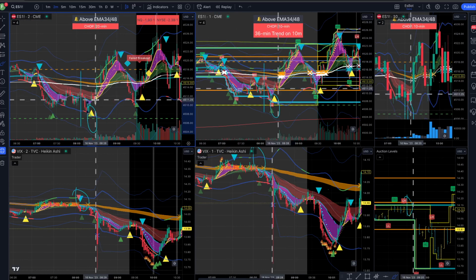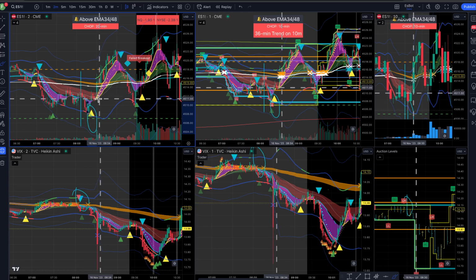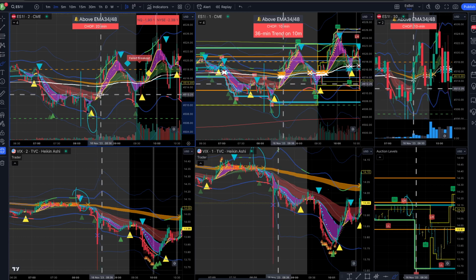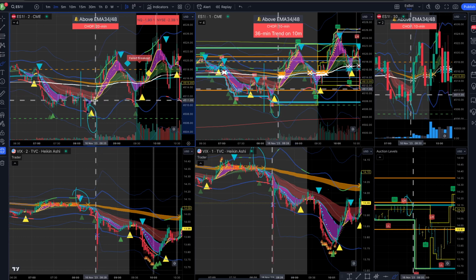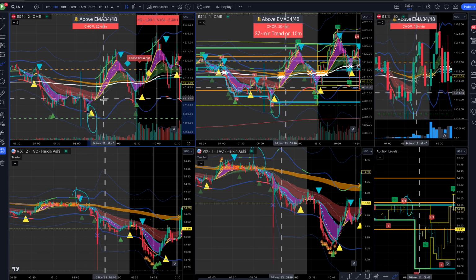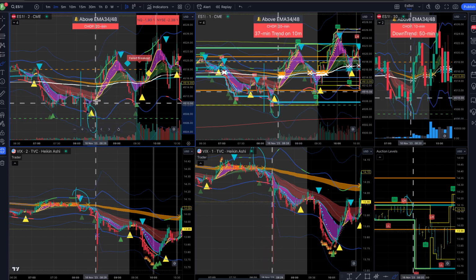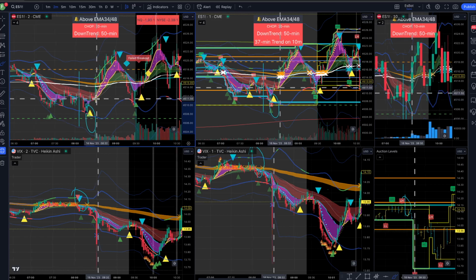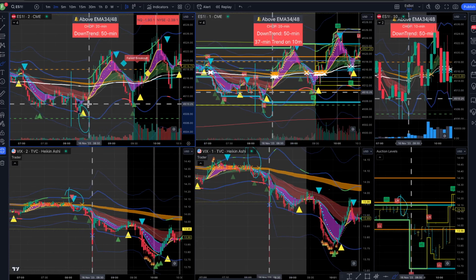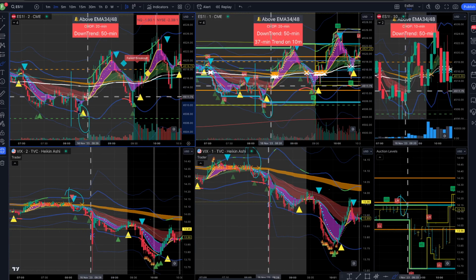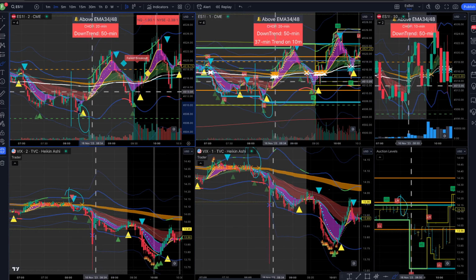So your EMAs need to be stacked. That means your shorter time frame should be above the longer time frame. If it's not, then we're not going to play calls. And obviously with puts, it's the opposite. As soon as I see them stacked, and there's way more than that, but at the fundamental level, that's what happens here. I see they get stacked, I draw them, I draw a yellow outline.